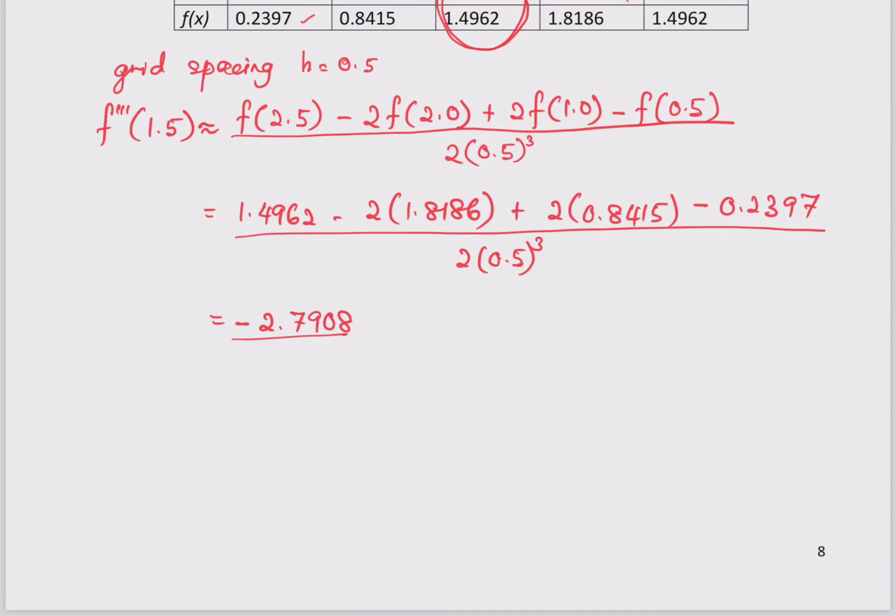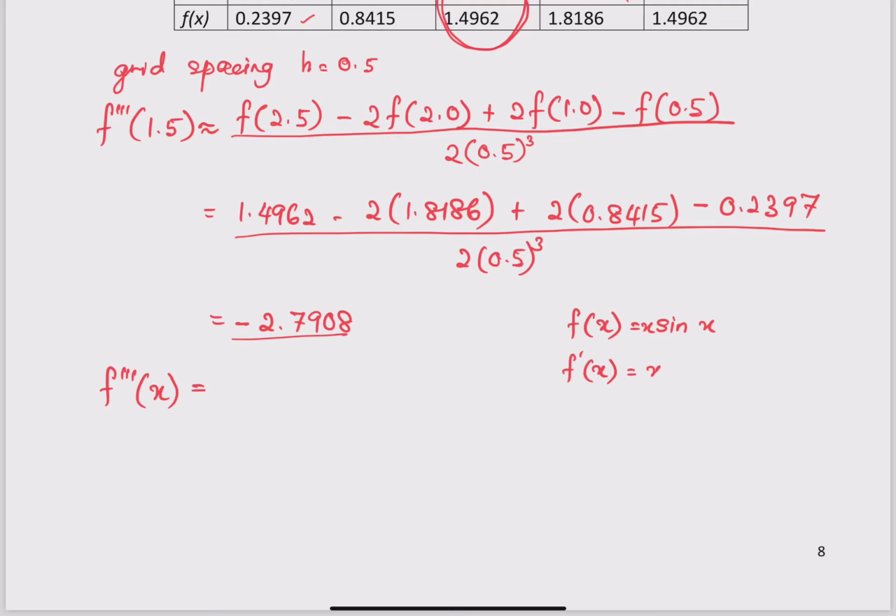And we can calculate the error. To calculate the error, you need to find first the third derivative of your function f(x). But to find the third derivative, if you have a function f(x) equal to x sine x, first you need to find the first derivative.